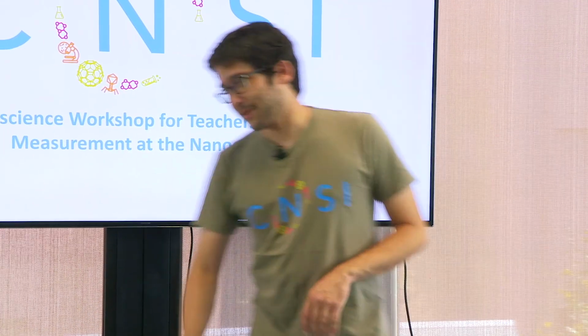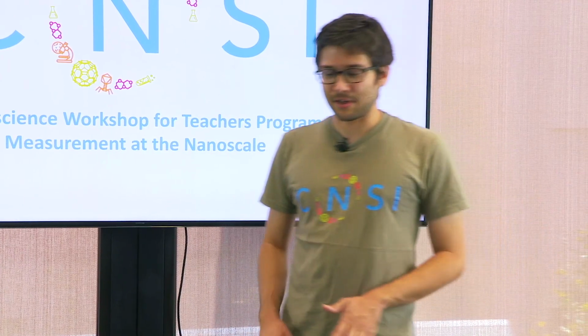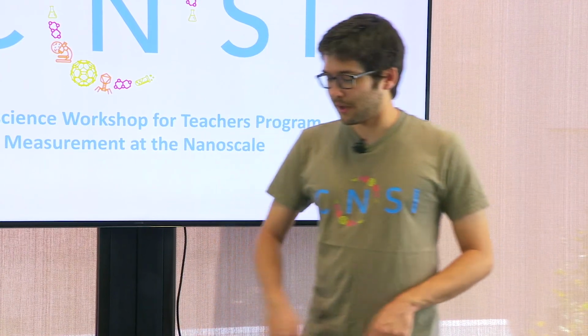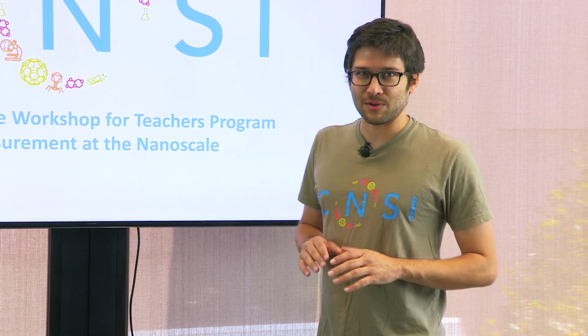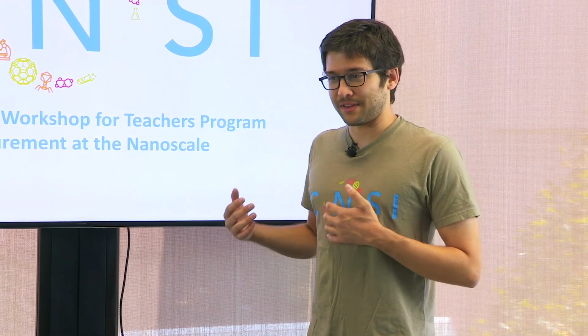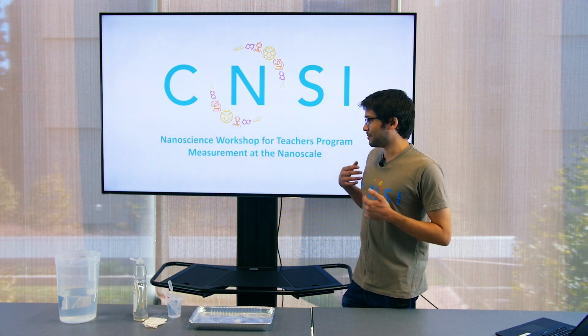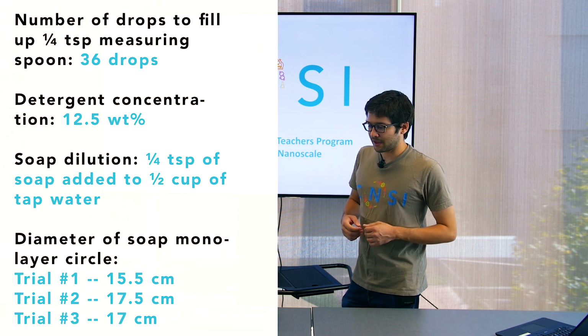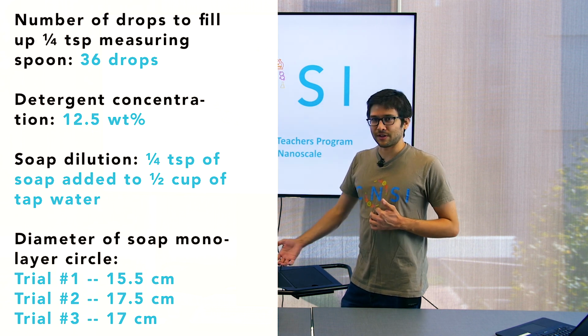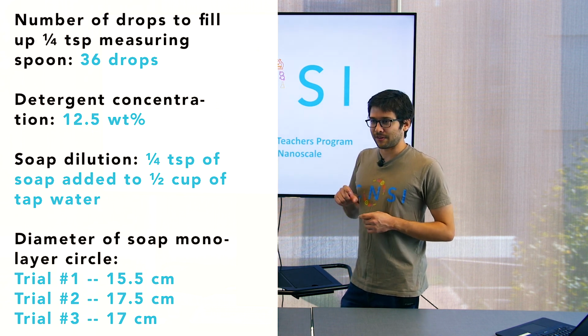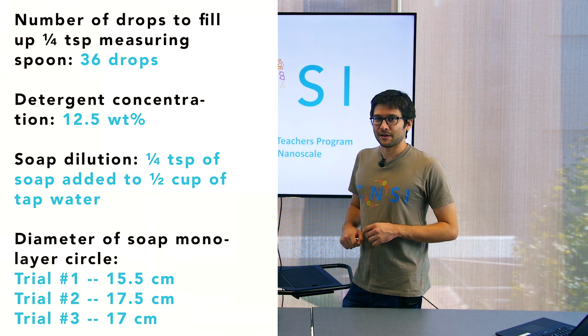All right, so that's basically all you need for this experiment. If you don't have all the materials that you need at home to do this experiment, we would recommend that you use an example data set, such as the one shown here, and you can still go through the calculations to calculate the height of a monolayer.